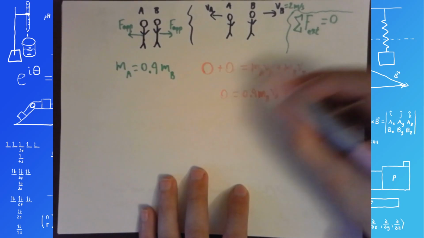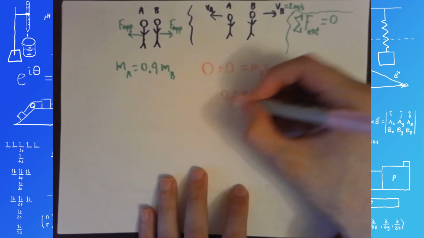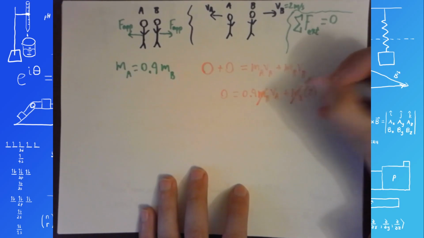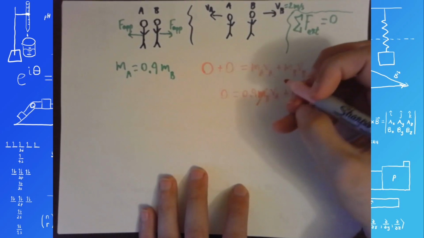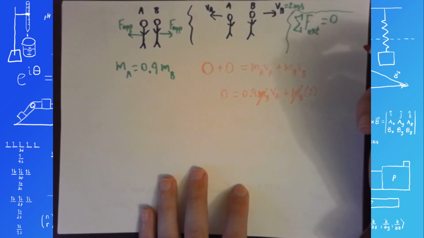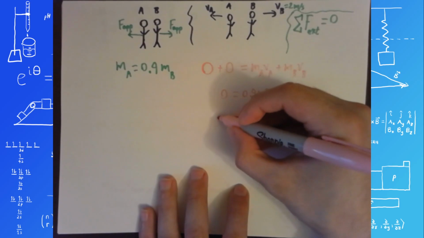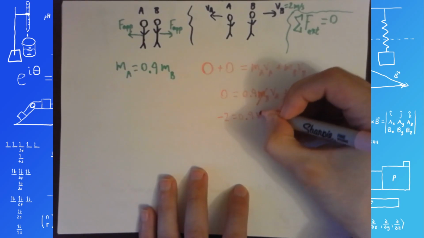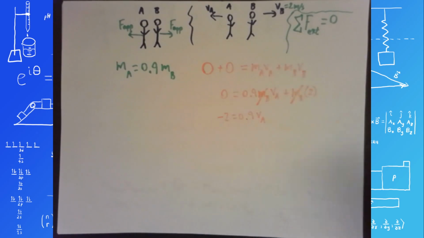Okay, I can divide both sides by MB. 0 divided by MB is still 0, and if I divide the right-hand side by MB, then the MB cancels out. Actually, I'm going to subtract 2 on both sides, so I get negative 2 equals 0.9 VA. And divide by 0.9.